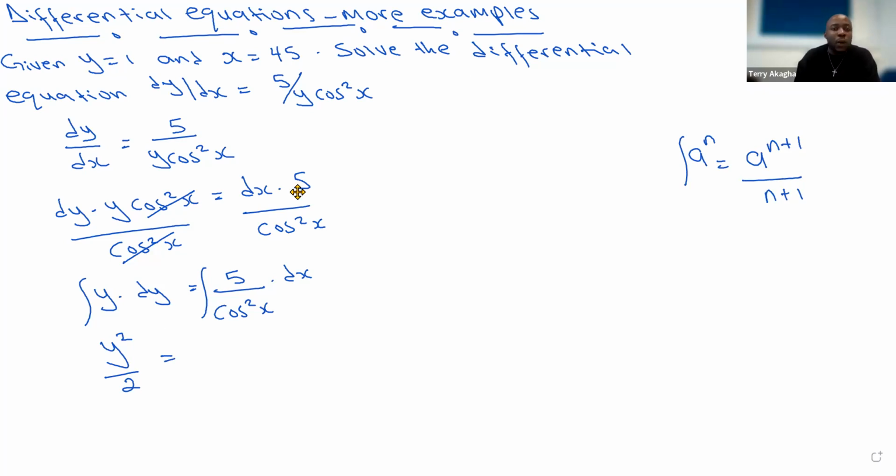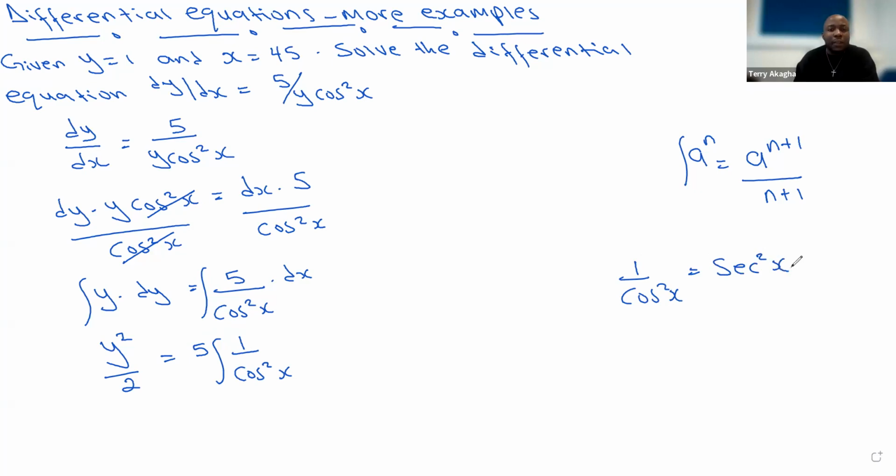Now, the next thing as well, I told you, for integrating, you bring out the constant. So it's going to be 5 times 1 over cos squared x. But we know that 1 over cos squared x, from the trig identity, is equal to sec squared x.